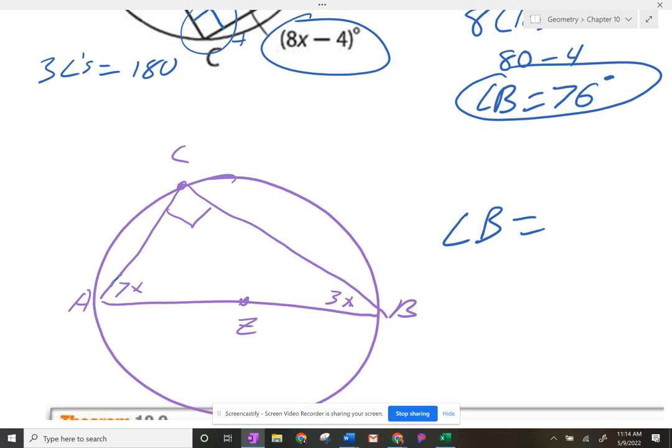So, right here, minus and divide by 10. Okay, so set those last two angles up so that they're going to equal 90 degrees.